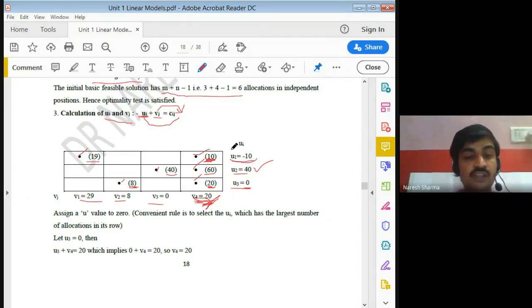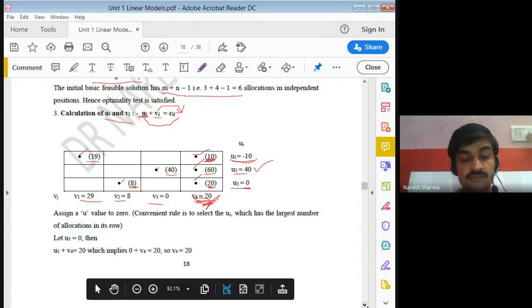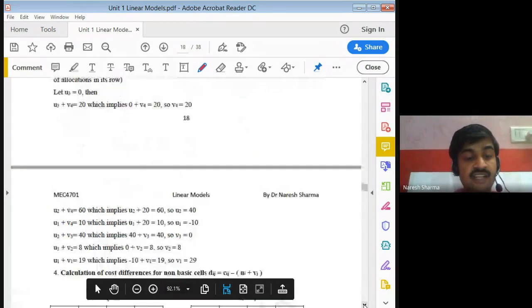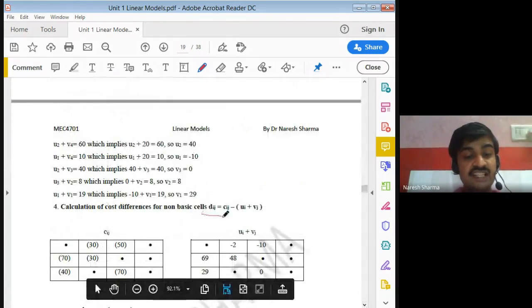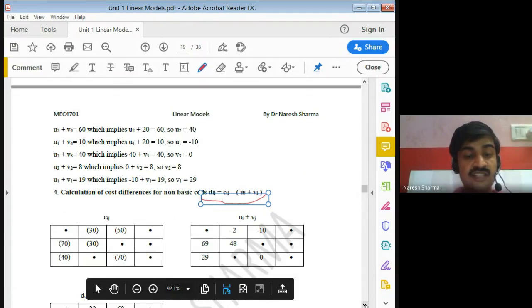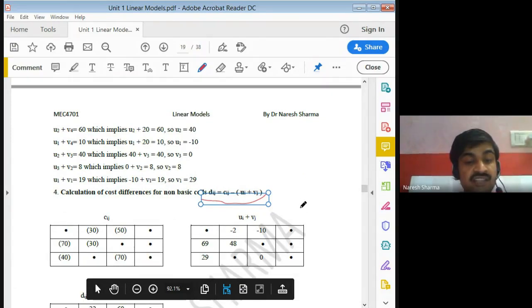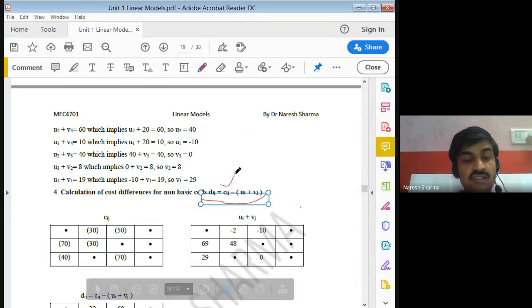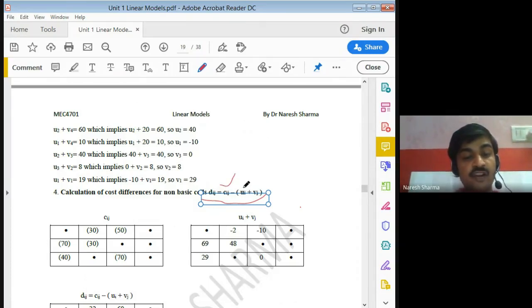So after calculating u1, u2, u3, v1, v2, v3, v4 for the basic cells, we can calculate dij. So dij is equal to cij minus u plus v. That is the difference between the cost and the sum of u plus v for the non-basic cells.